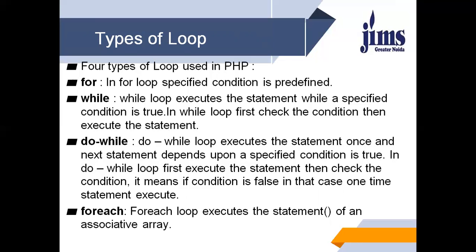A do while loop executes the statement once, and the next execution depends on whether the specified condition is true or not. In a do while loop, first execute the statement, then check the condition. It means if the condition is false, in that case, the statement is executed one time. The foreach loop executes the statement over an associative array.